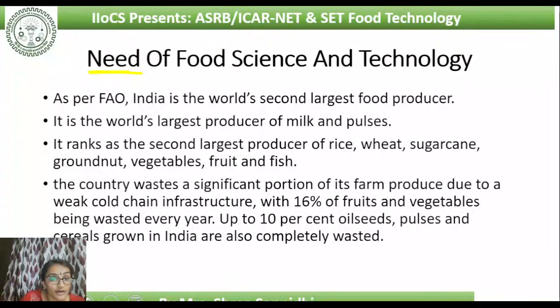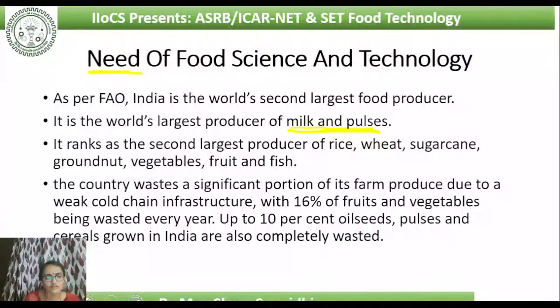It is the world's largest producer of milk and pulses, and it ranks as the second largest producer of rice, wheat, sugarcane, groundnut, vegetables, fruits, and fishes. So we have so many things in top ranks, right? We should be proud of it.